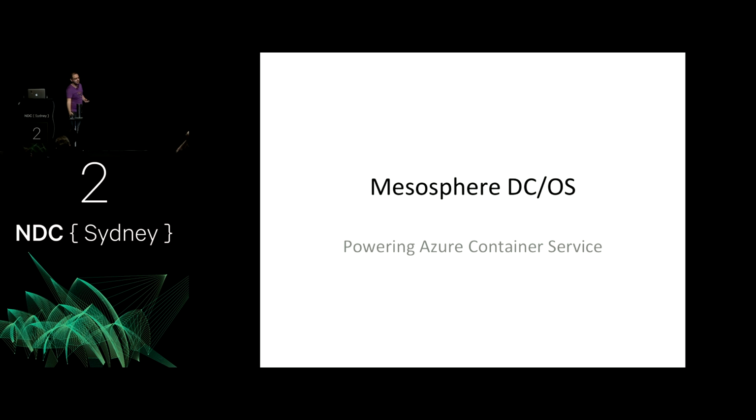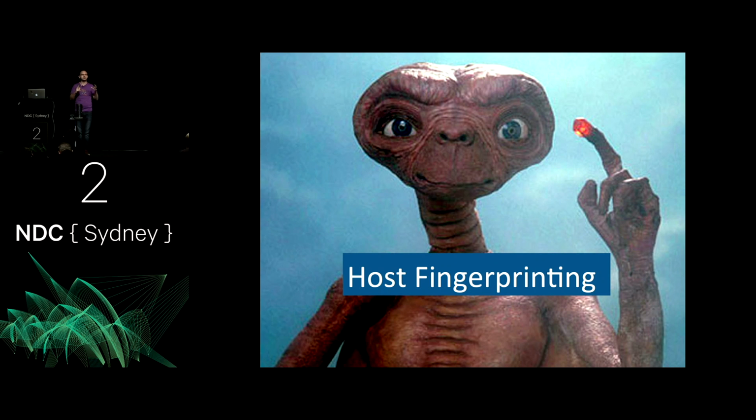Another one which I really like is Mesosphere DCOS. When you are using the Azure Container Service, this is actually what is powering that. Microsoft have partnered with Mesosphere in order to be able to run it. And this has also got really cool features, which will probably come to Kubernetes, like host fingerprinting.